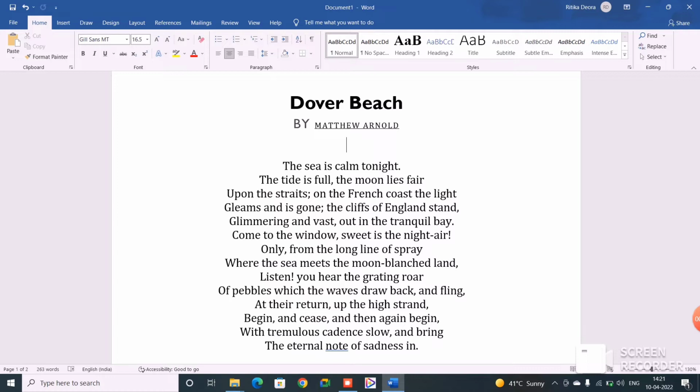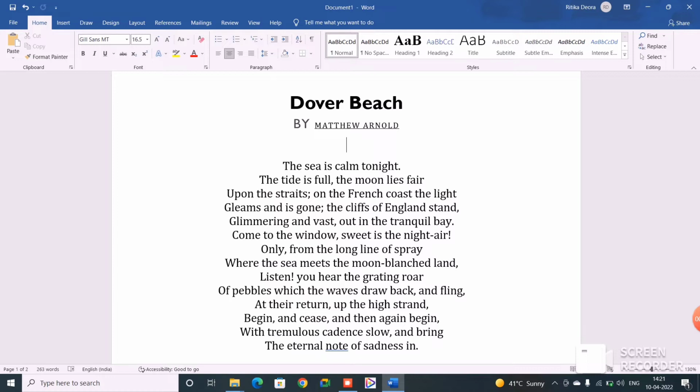Featured means we don't know their views, and they are not speaking or conveying anything directly to the readers, that is, to us. And that is why we say that this poem is a dramatic monologue, because there is no character featured in the poem other than the poet himself.